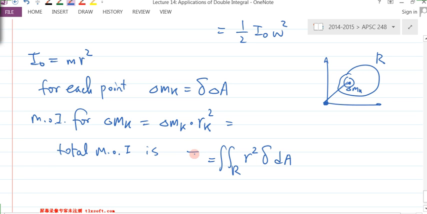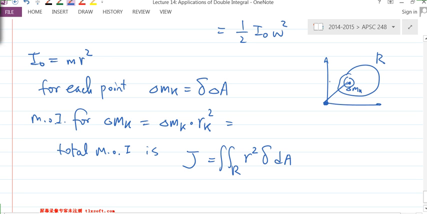Now, we normally represent this quantity using J. I'll explain why. You probably say, well, why did you use I there? How come you're using J now? We use J for moment of inertia when the axis of rotation is perpendicular to the area or cross section you're looking at.